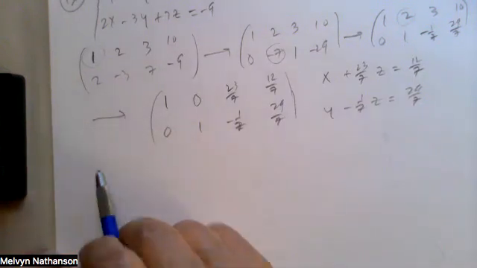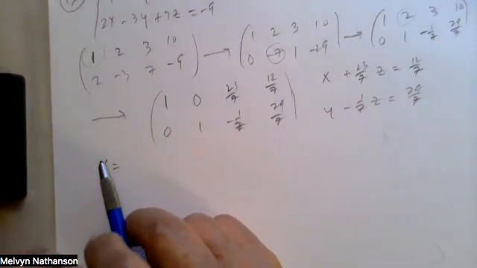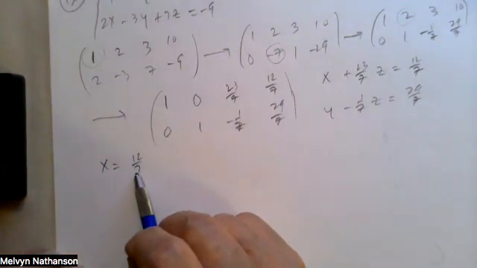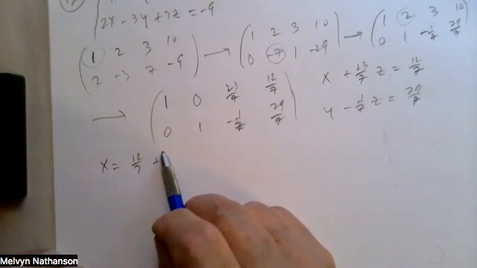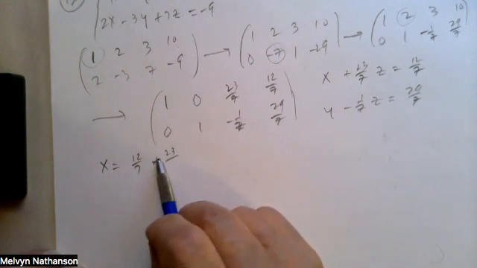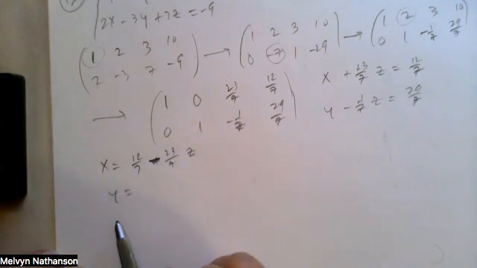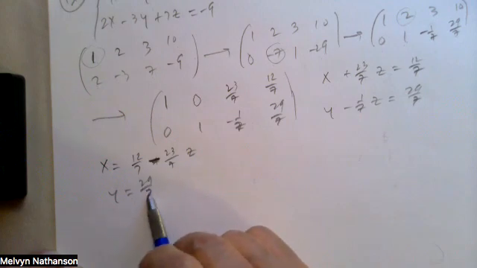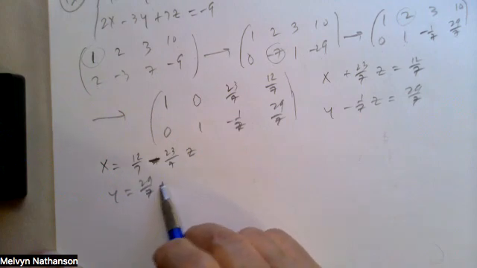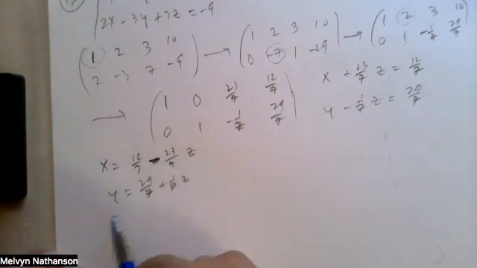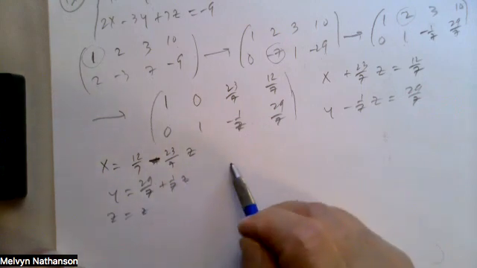Another way to write that is x is equal to 12 over 7 minus 23 over 7 z, and y is equal to 29 over 7 plus 1 over 7 z, z equals z.